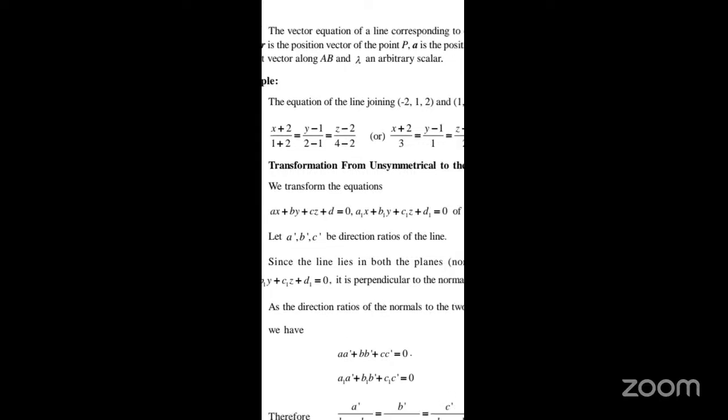Now next one, see this one. Here is one of the examples. There are 2 points given, minus 2, 1, 2 and 1, 2, 4. Please see the page number 103, and refer to this example.